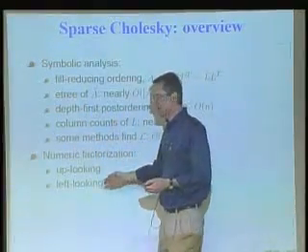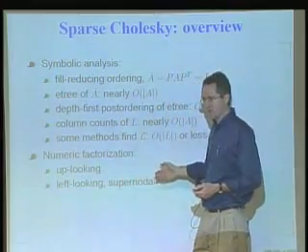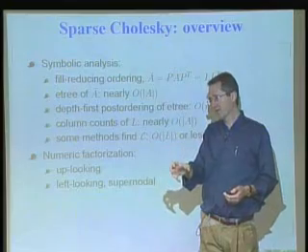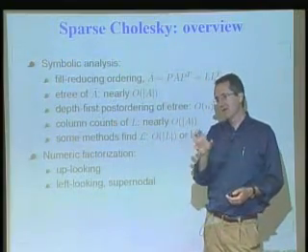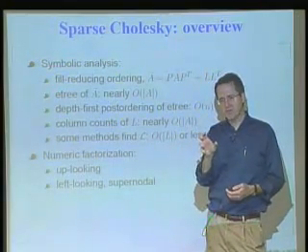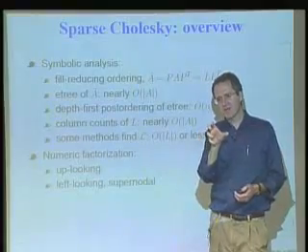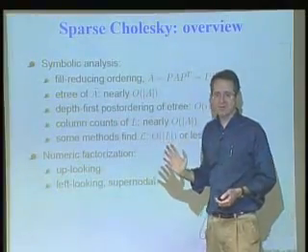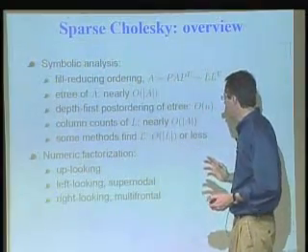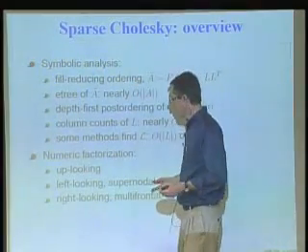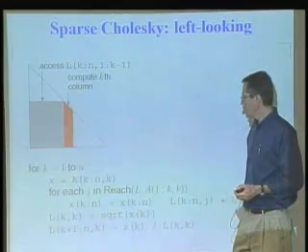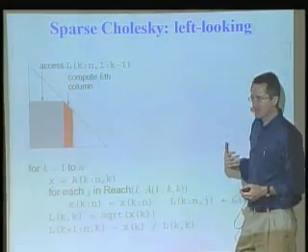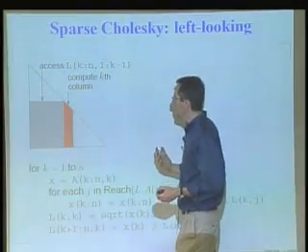There's a left-looking Cholesky method, which is supernodal, which lumps together columns of similar non-zero pattern, or identical non-zero pattern. And when it does that, it can use dense matrix techniques within that supernode to exploit cache efficiently and get very high performance. There's also a similar thing called multifrontal, which I'll highlight as well when I look at LU factorization.